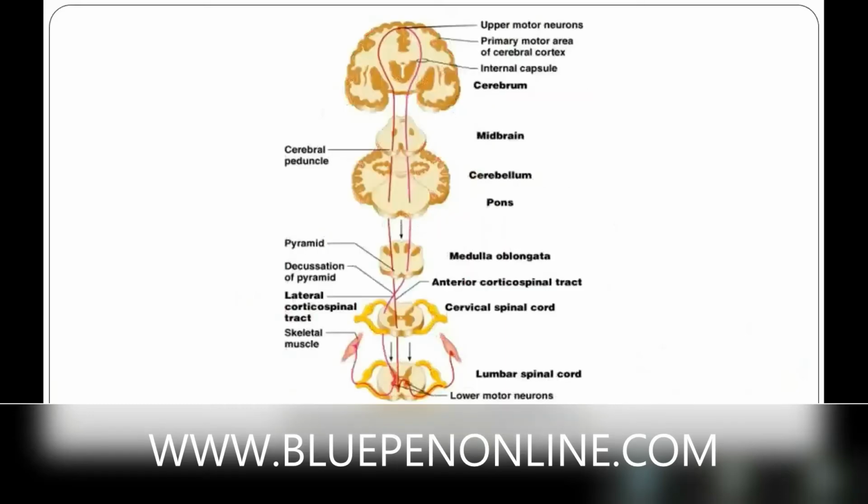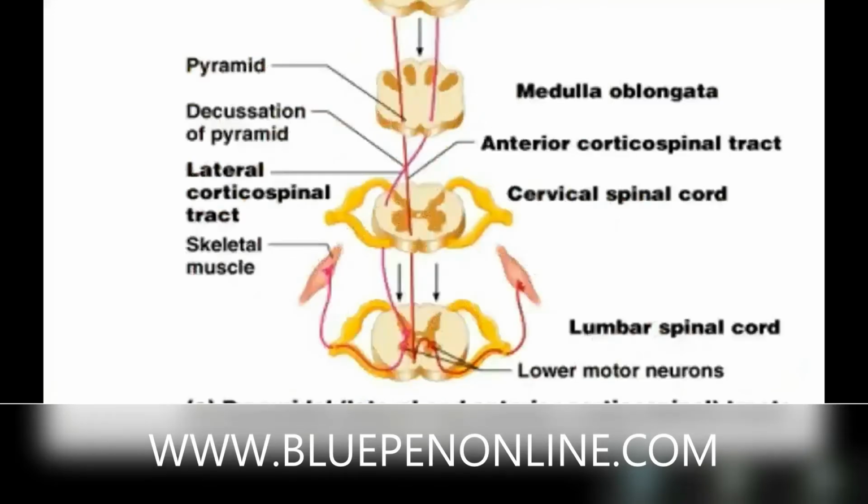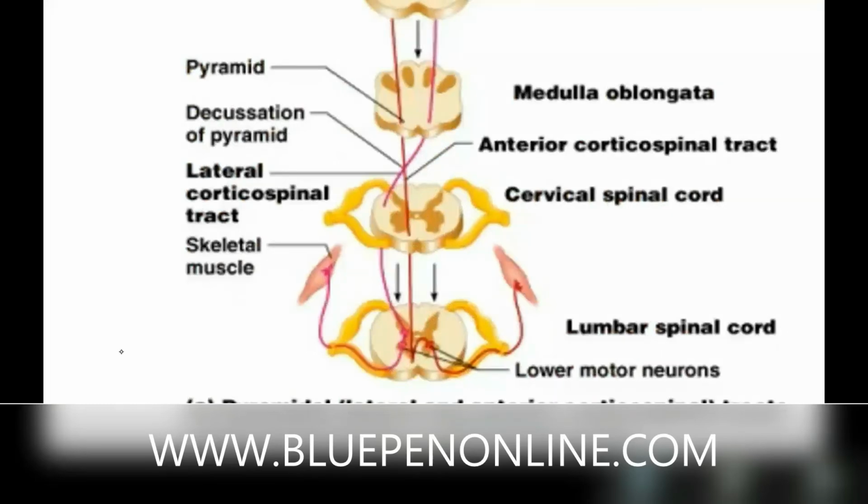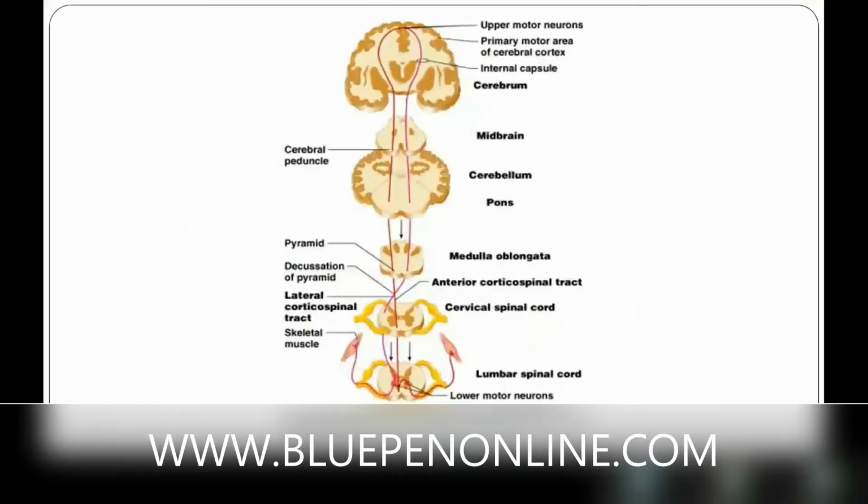The crossed ones pass through the same side, and the uncrossed ones pass to the opposite side and move along with their 80% counterpart. So this much about the pyramidal tract, and they mostly control the movements of skeletal muscles, and they are involved in control and coordination of voluntary and skilled actions in our body. Is it clear?